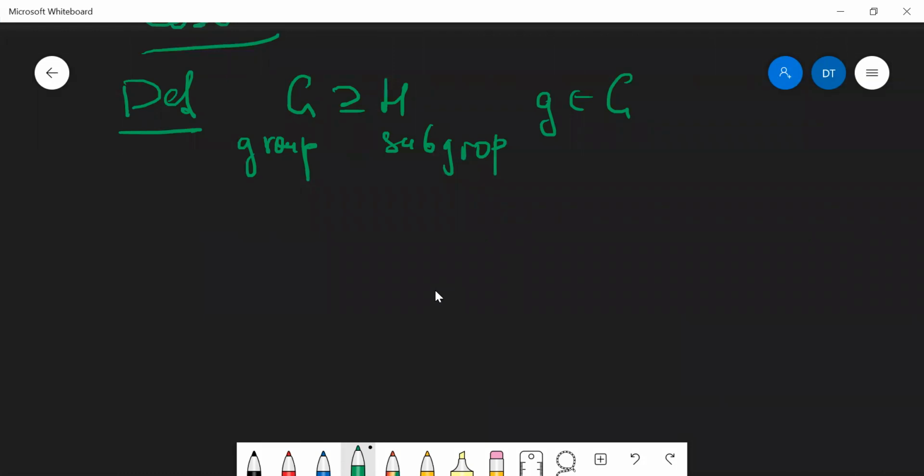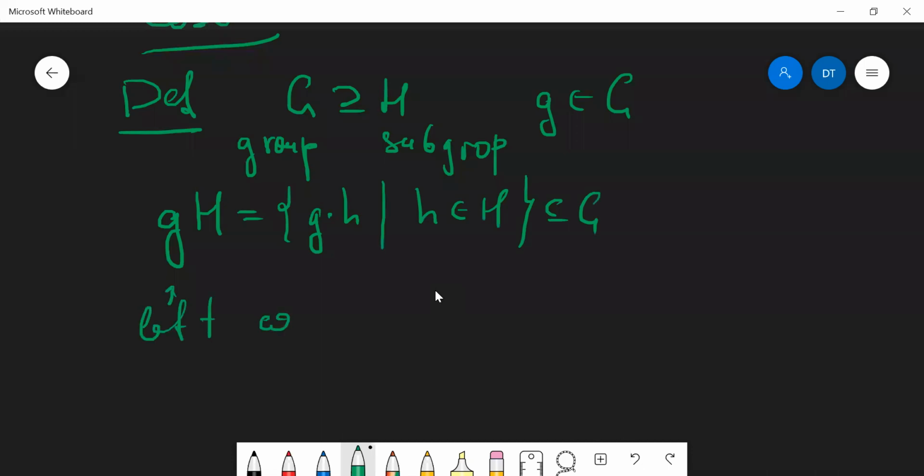I want to denote a subset of the form gH, which is the set of all elements gh, where h is an element of our subgroup H. This is a subset of G, and it's called the left coset of H in G with respect to g.